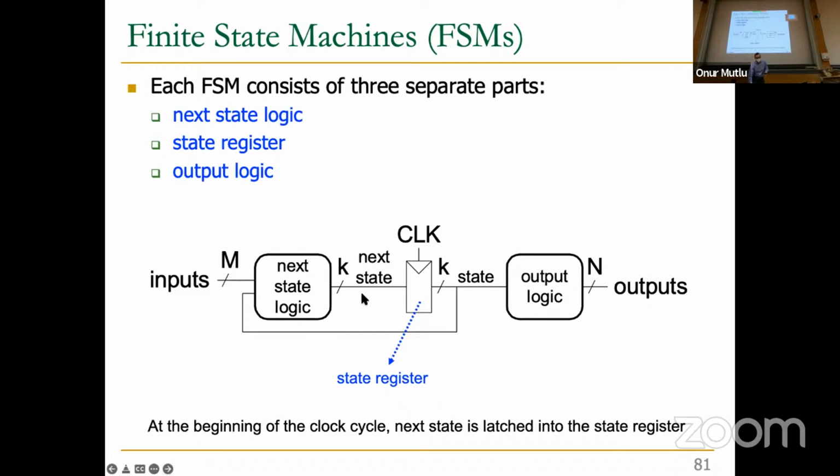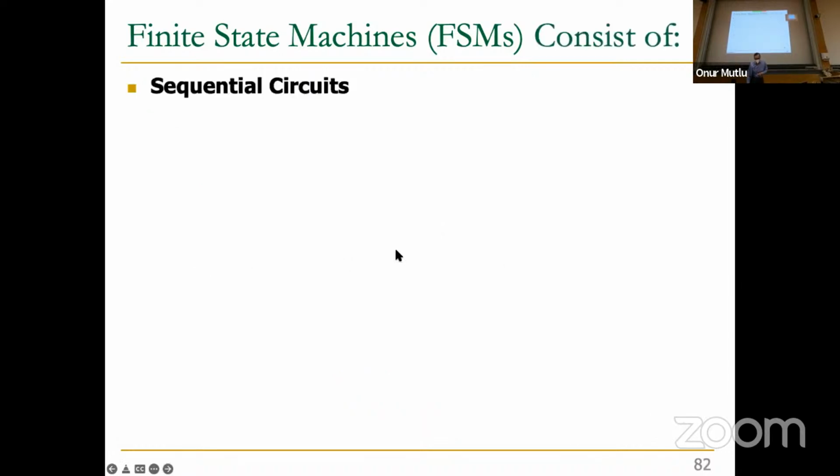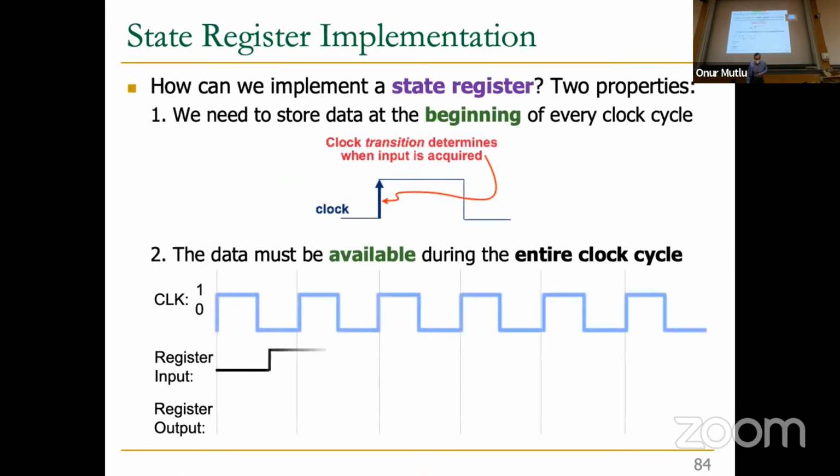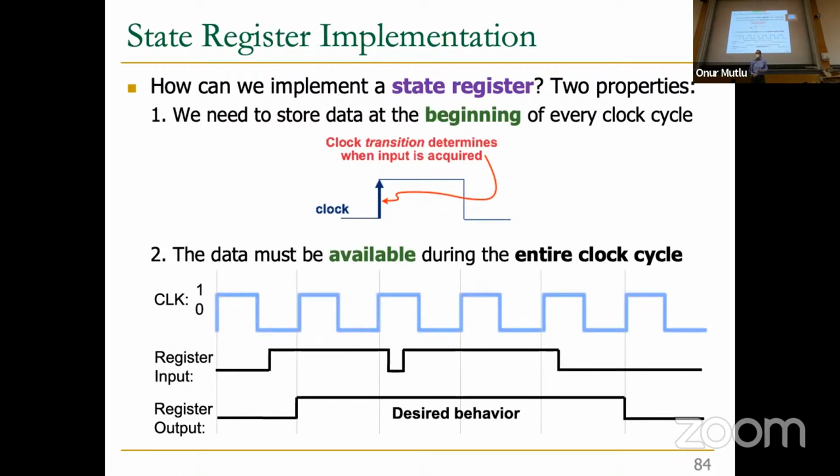This combinational logic is evaluating, and it's assuming that it has the entire clock cycle. But if you change the state over here, if next state becomes state before the clock edge arrives, then the value changes over here, and the combinational logic starts evaluating something else. And you will get the wrong value at the end. Okay. So you're violating the principles of synchrony, basically. Okay, so that's what we want. Hopefully that's clear. This is the desired behavior.